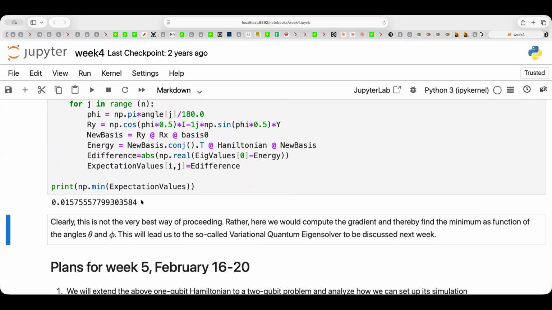So this is me anticipating a variational procedure where we are going to perform an optimization where we calculate the gradients of the energy as a function of these angles. And then we're going to optimize that. Okay? So you see where we're going?